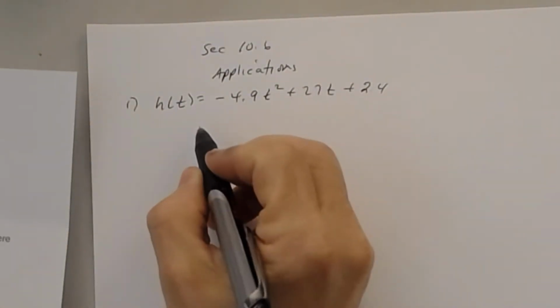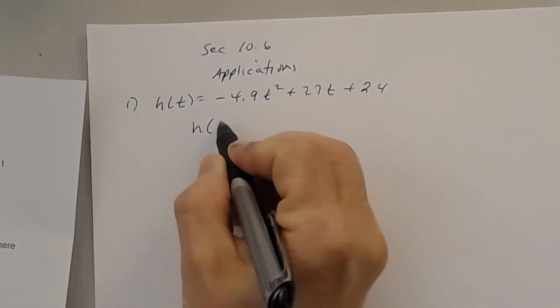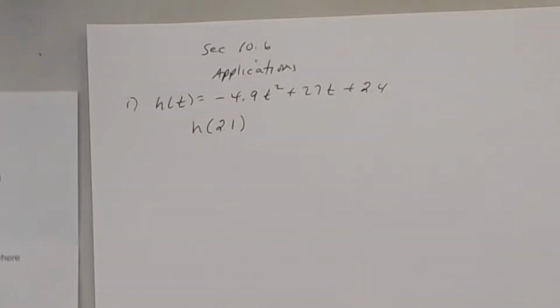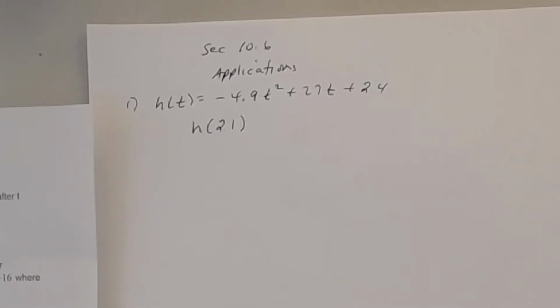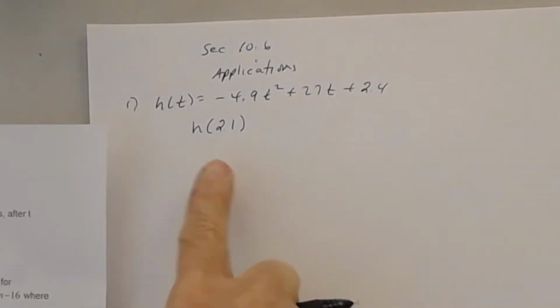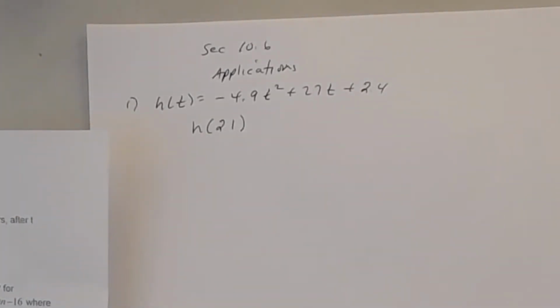So in number one, they want you to find and interpret h of 2.1. On the previous worksheet, what did you have to do to find h of 2.1? Yeah, wherever you see the variable t, you plug in 2.1.